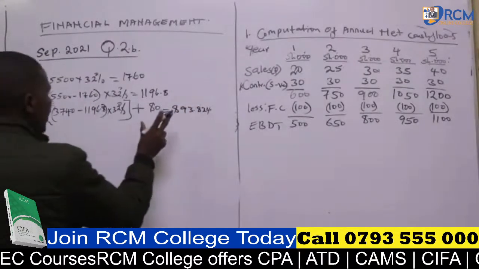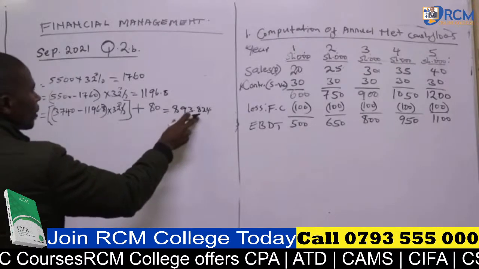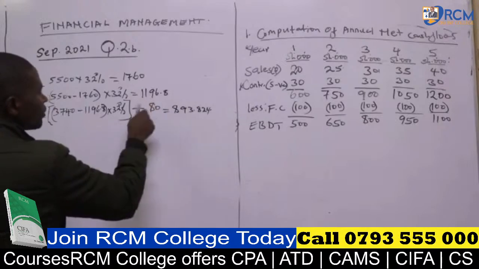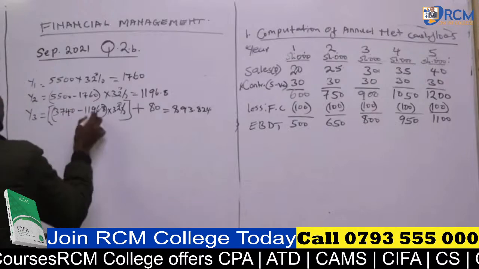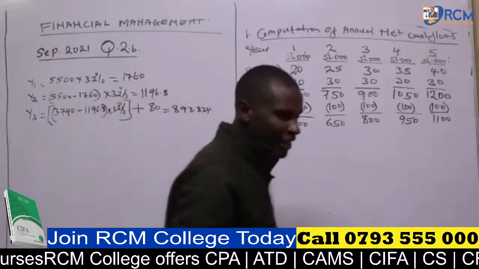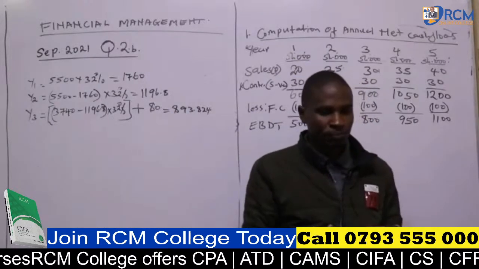Now, this is 893.824. But this overhaul is included here. Therefore, we need to get this difference. That's 3740 minus 1196.8. Ngapi? I would like to get an answer from everyone here.